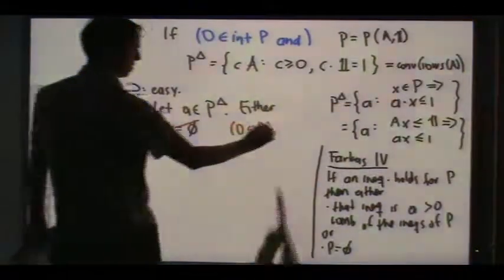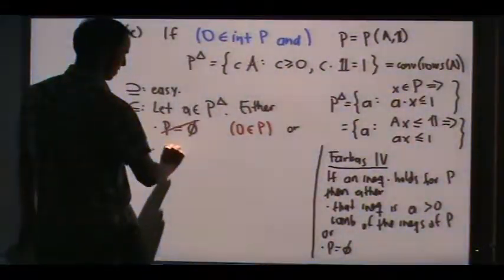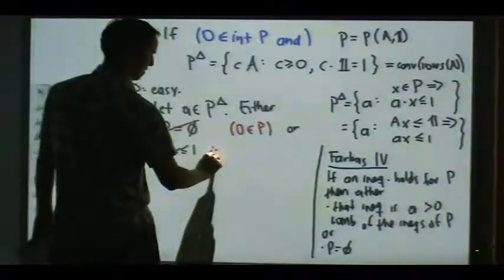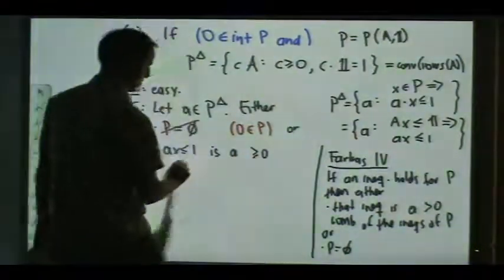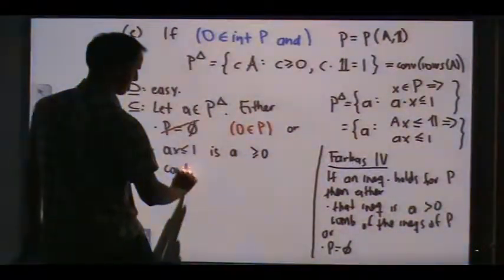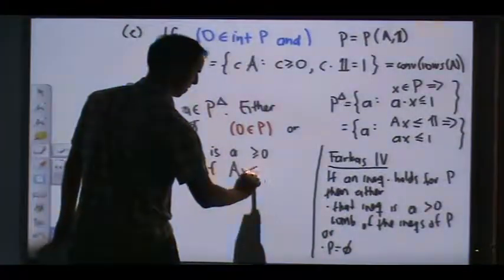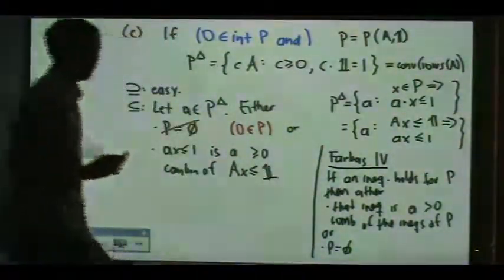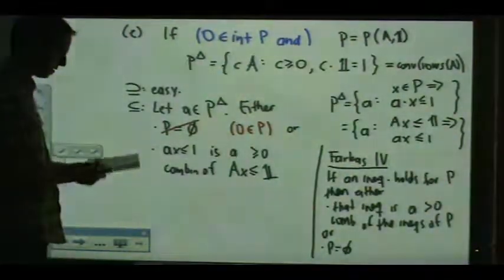Or little AX less than or equal to 1 is a combination of capital AX less than or equal to the all-ones vector. Okay? So this is what we have.